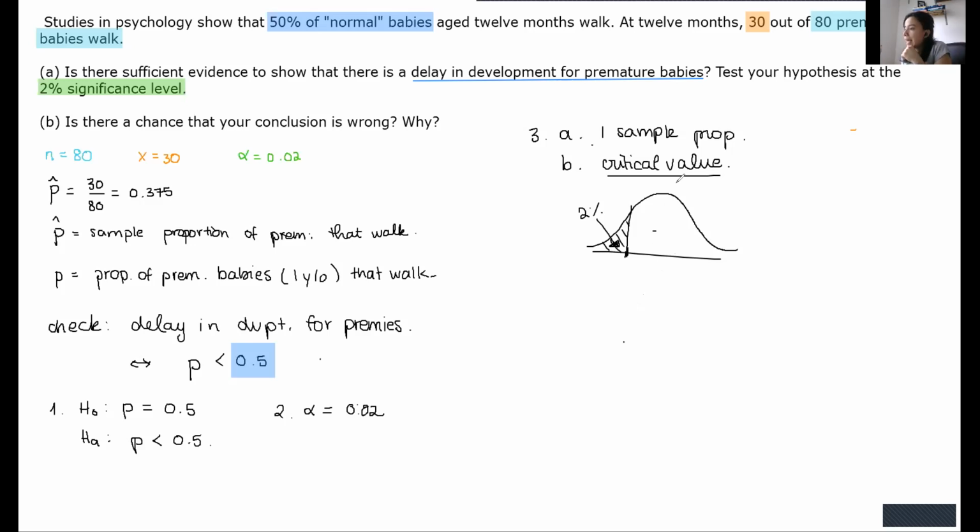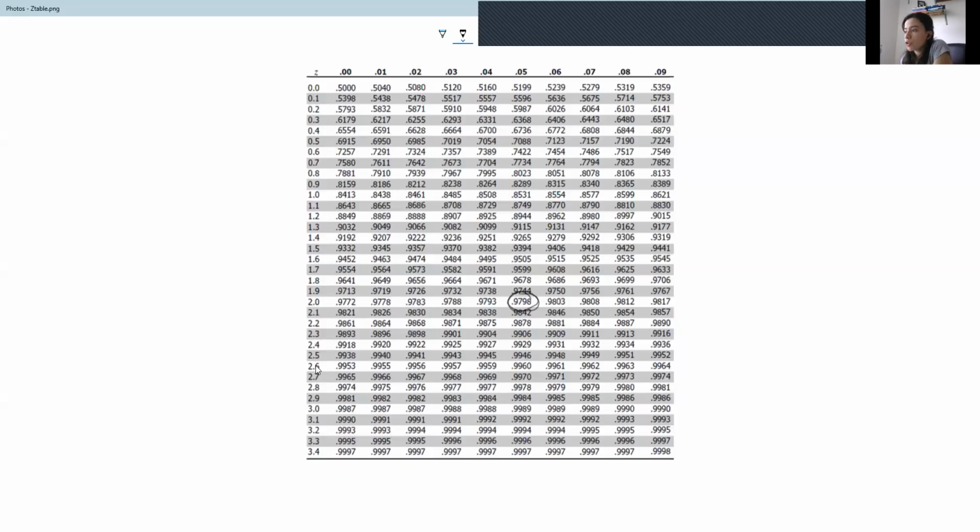All right. And so if I want to separate the bottom 2% from the top 98%, I'm going to have to go to my table. But in this case, this is a Z table. So I'm looking for minus Z of 0.02, which means I'm going to look for the value in the Z table that is the closest to 0.98, right? So I'm looking for 0.98 over here.